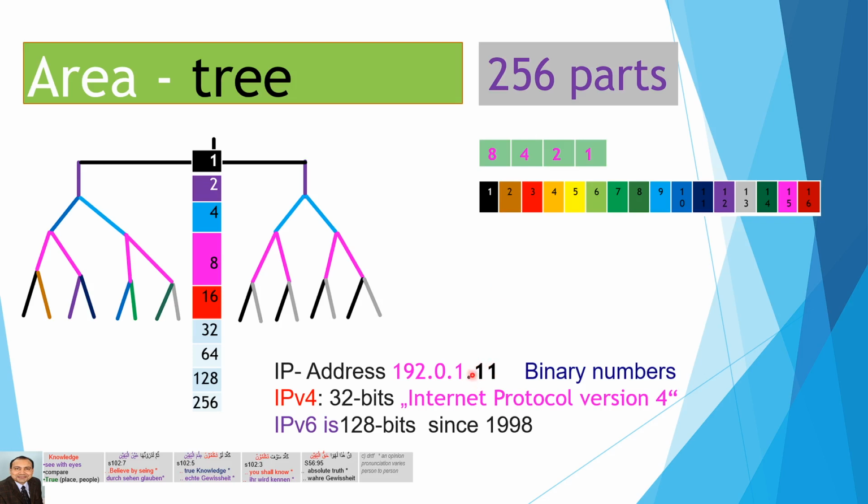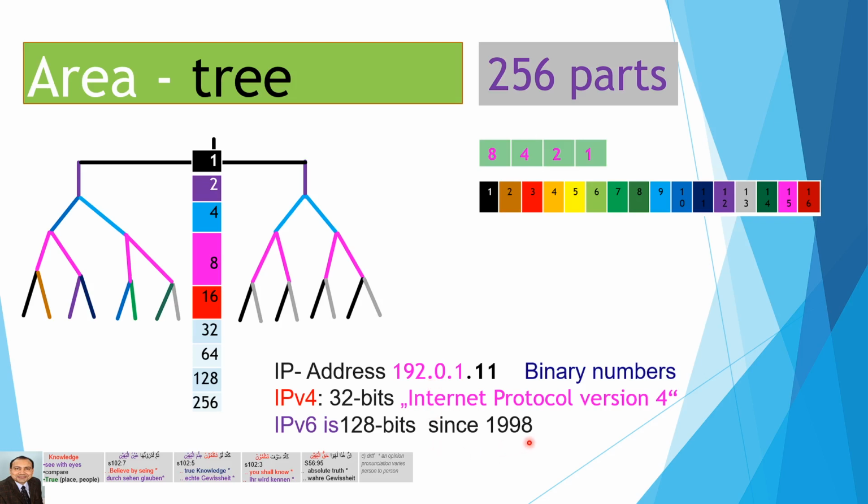So this is the host, black is host, and the other is network. So they can locate your location, your address from where you are logging in, log on in networks.